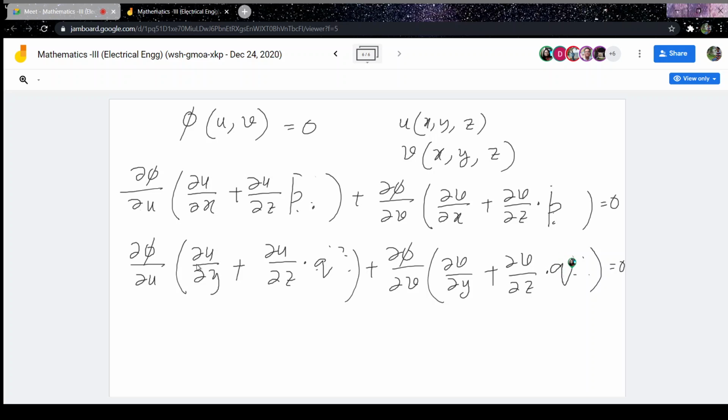Okay, so if we eliminate this del phi del u and del phi del v from these two equations, you know we will get the determinant as 0.